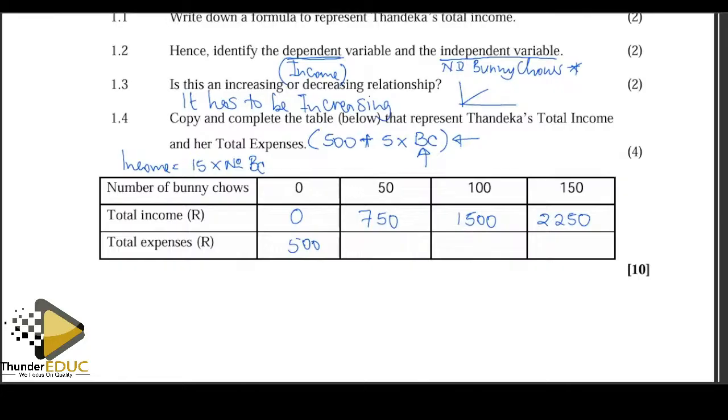Now it has changed from 0 to 50. Let's say 500 plus 5 times 50. This happens to be 750. You see that? 750. Then we continue.